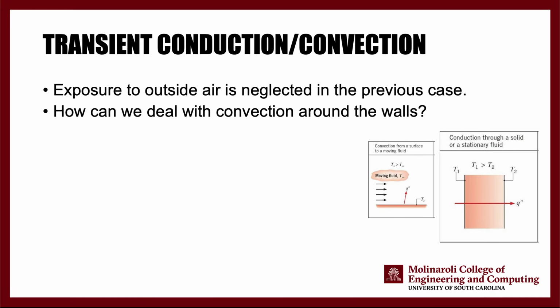The transient conduction or convection part of the lab is pretty simple. The idea is we are going to see how much exposure to outside air is going to help you cool down a heated copper block, right? And pretty simple.